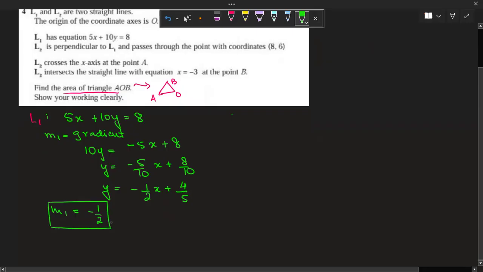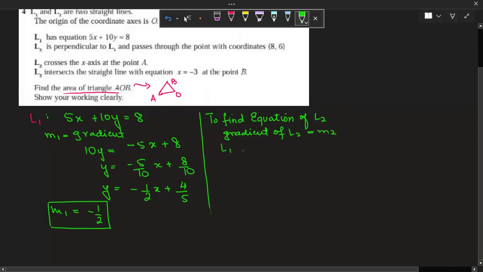Using this M1, I can find M2 so that I can find the equation of L2. To find the equation of L2, we have to have the gradient of L2. So let's say the gradient of L2 equals M2, right?